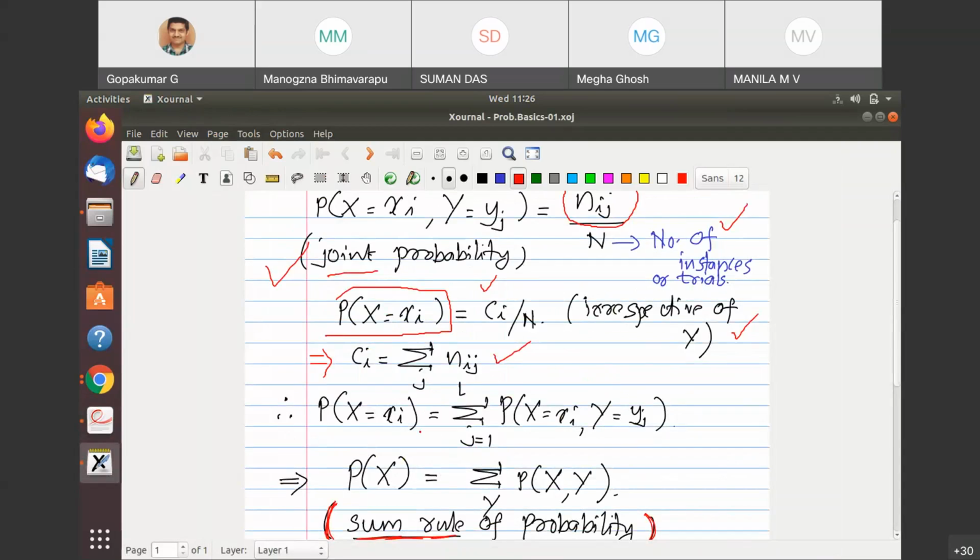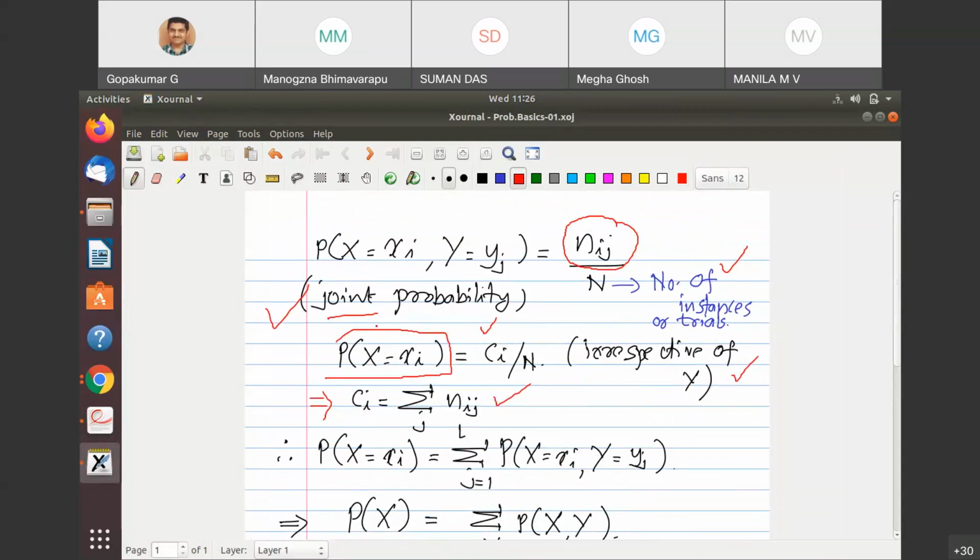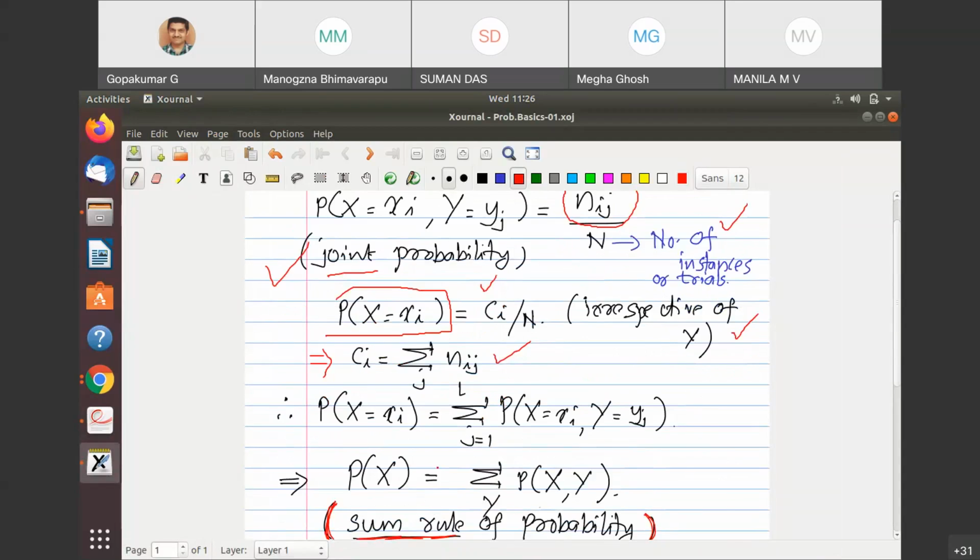And so now from the above two results, we can say that the probability of X = x_i is, if you substitute this particular summation, the sum over j equals 1 to L, because we have to sum over that entire vertical column, where we have X = x_i and Y = y_j.